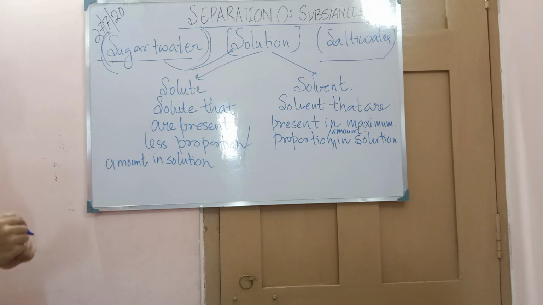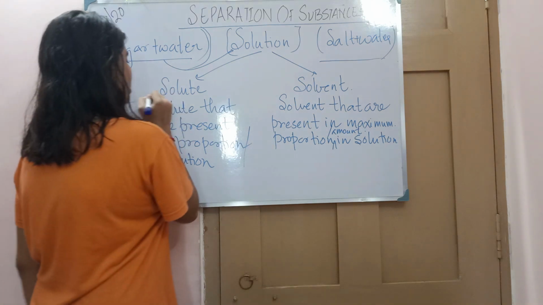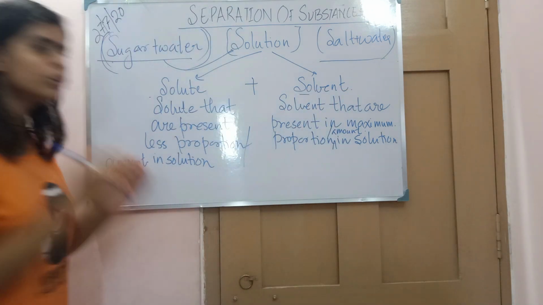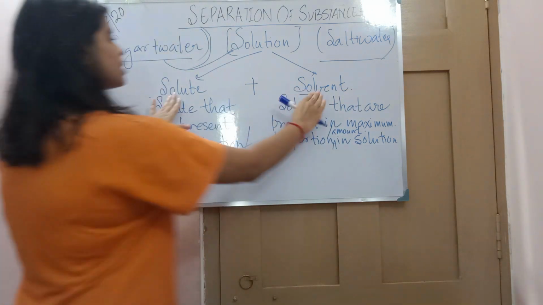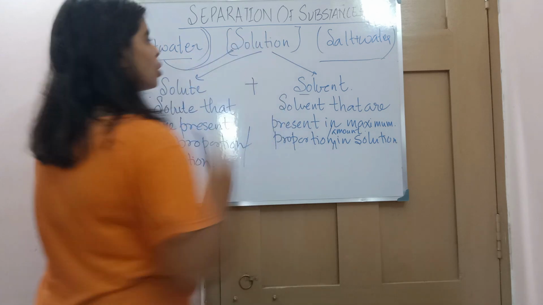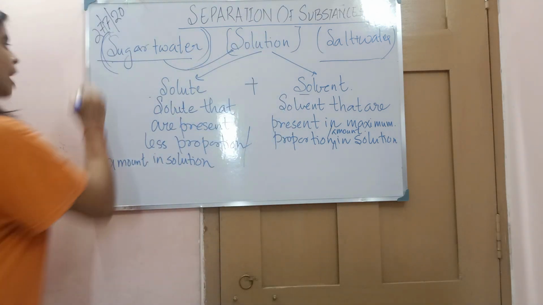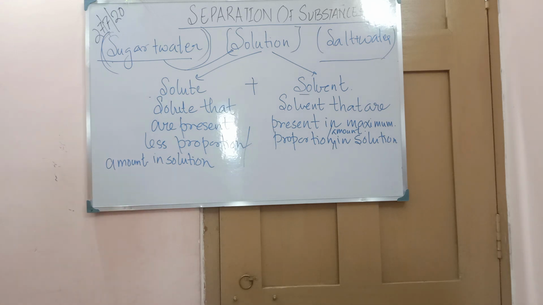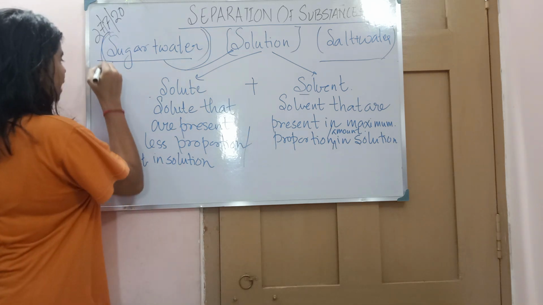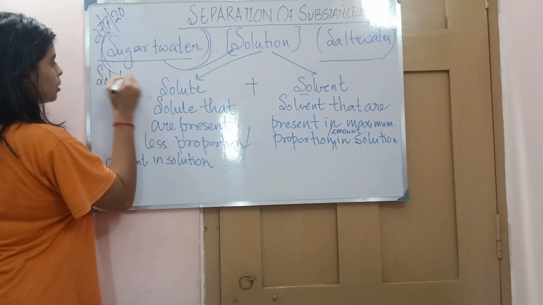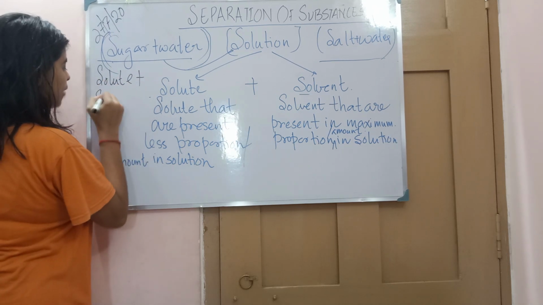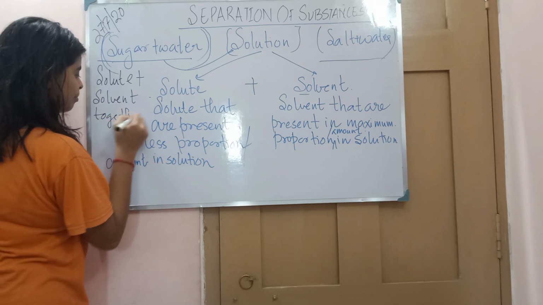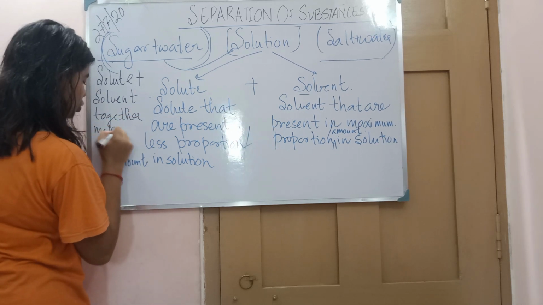And in that solution, there are two components, that is solute plus solvent. Solute plus solvent together make a solution. I must write it over here: solute plus solvent together make solution.